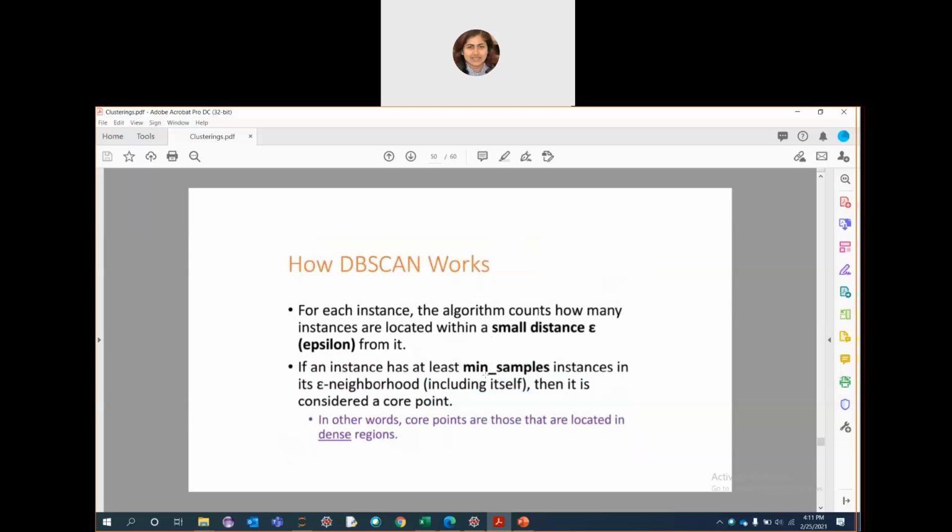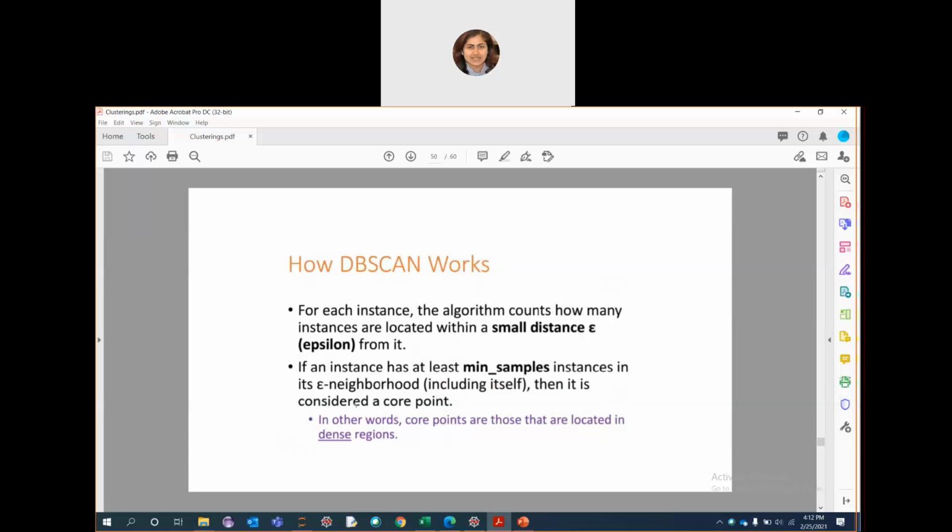Okay, so let's understand how DBSCAN works. First, for each point or each instance, the DBSCAN algorithm counts how many points are located within the assumed epsilon value, that is the radius. That is one parameter.